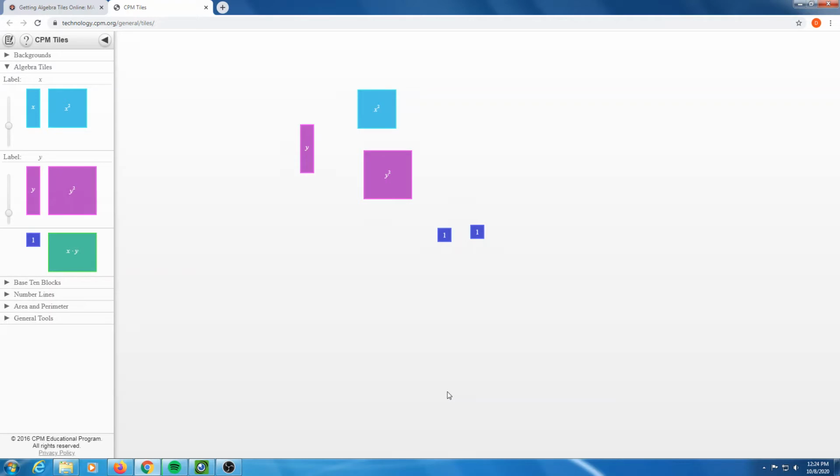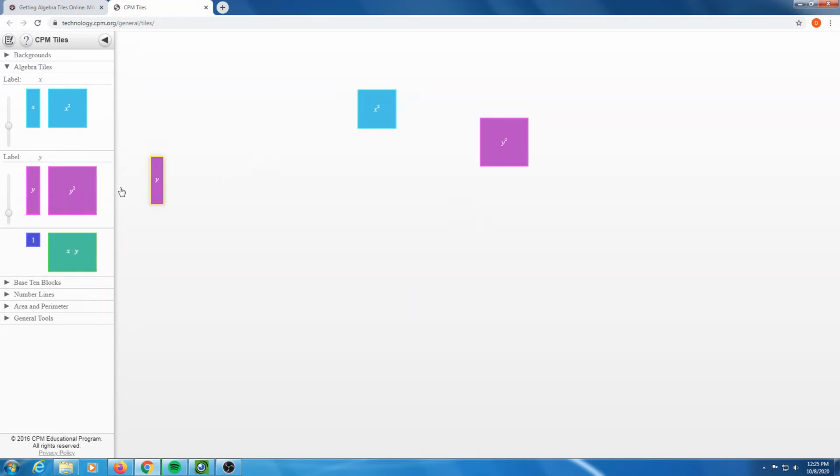Now, we've talked about equations, we've talked about expressions. We're going to talk about how to simplify expressions with algebra tiles, and then later on we'll talk about how to solve equations with algebra tiles as well. So we will be working on both of those different kinds of concepts. For now, another thing that you can do with algebra tiles is you can talk about area and perimeter.